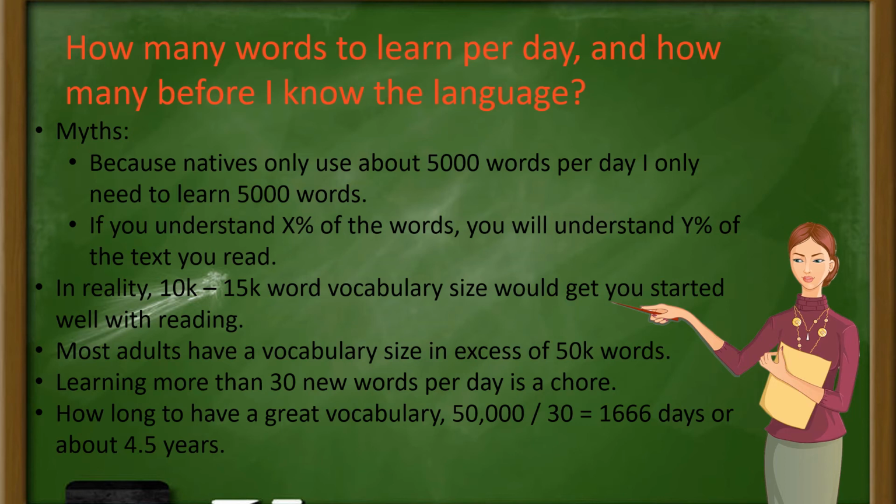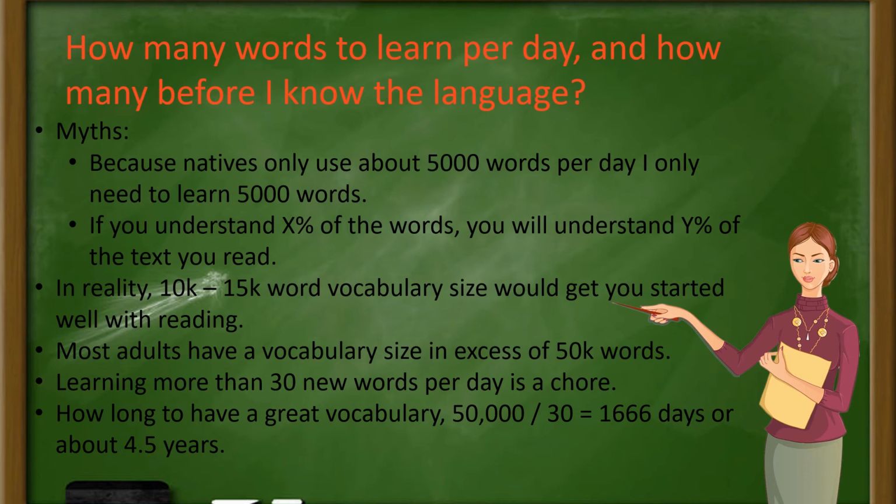You'll need to recognize passively a lot of words in order to read and understand and enjoy works of literature, and you're going to need about 25,000 to 50,000 words, because you don't know what words are going to be used in the book or by the native speaker when you talk to them. So you need to anticipate a lot of words.